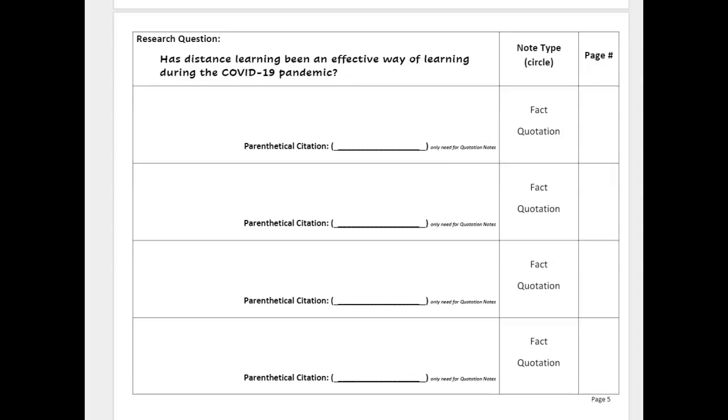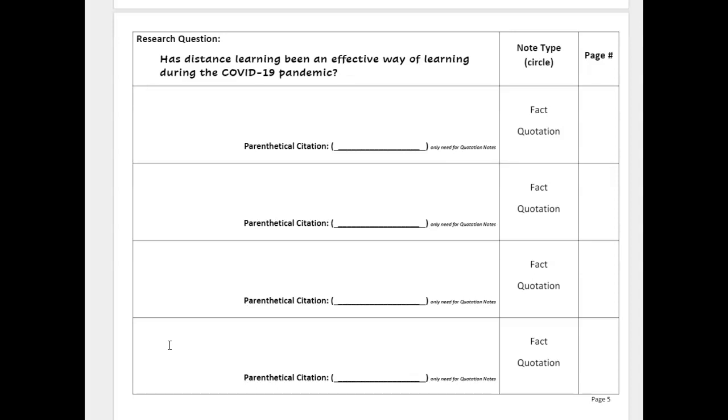And if we were actually writing a research paper, we would probably keep track of all of them. Since we are not writing the paper and we're kind of taking a shortcut, we're only going to use 4 pieces of information from our article. So we will simply stop after we have our 4, just so that we can continue the process. Sometimes when you're working with different sources, you might get a couple of notes out of a source, and sometimes you find a really good source that gives you a lot of notes.